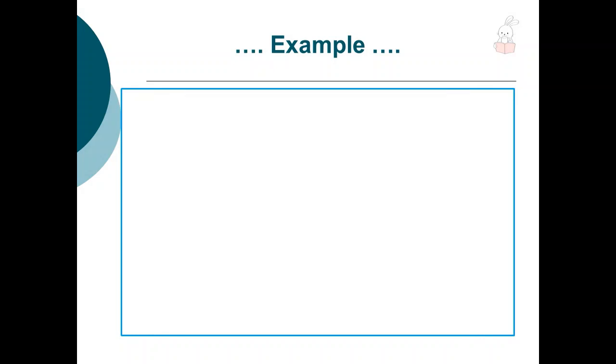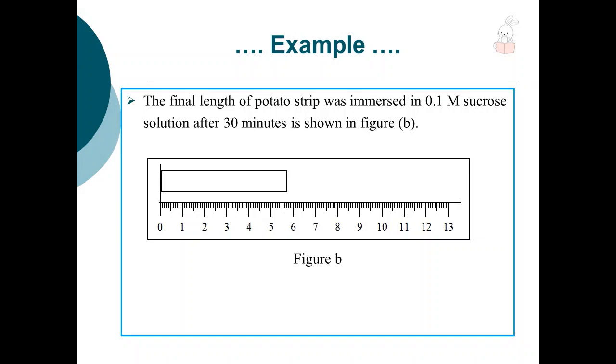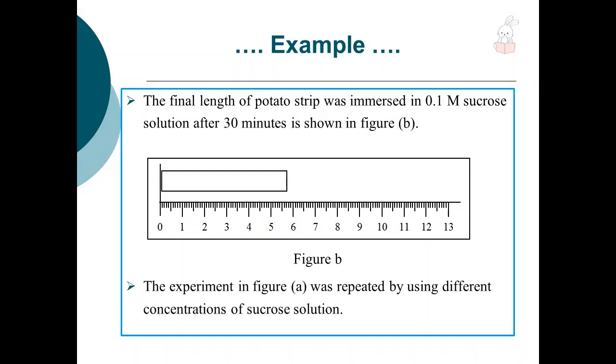Some more information about the experiment. Please read the information given carefully. The final length of potato strip immersed in 0.1 M sucrose solution after 30 minutes is shown in figure B. The experiment in figure A was repeated by using different concentrations of sucrose solution.